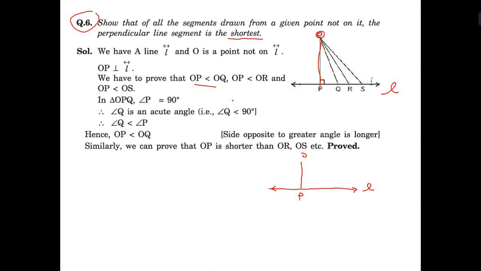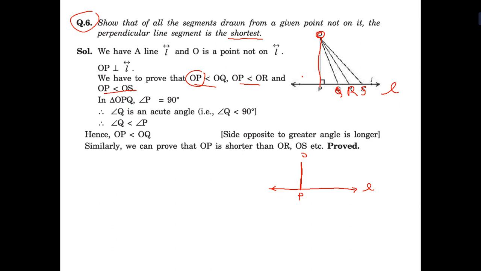OP is less than OQ, because you have to take points on the line. So here it is Q, here R, and here S. We have to prove OP is less than OQ, OP less than OR, OP less than OS, because OP is the shortest distance.